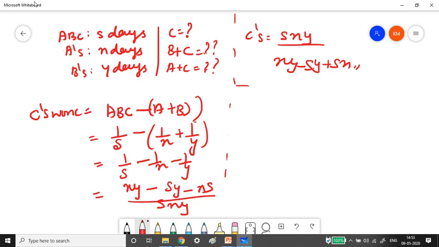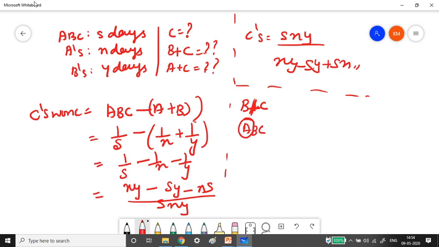Now let us calculate for B plus C's work. If B and C are working together, in how many days can they finish the job? How will you calculate? It is very easy, right? They have given A, B, C. If you just subtract A alone from A, B, C, you will get B plus C's work, right?